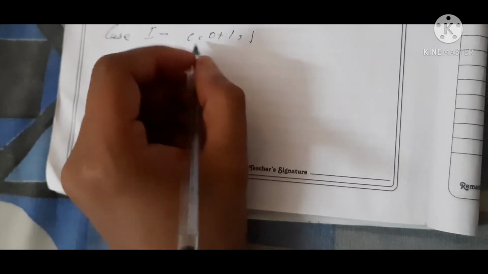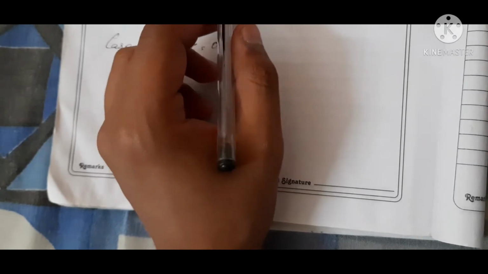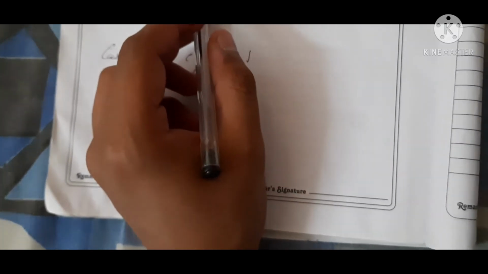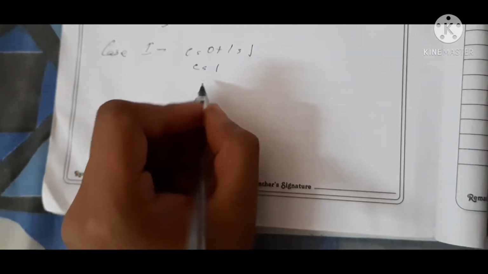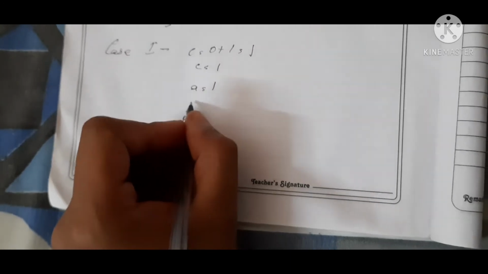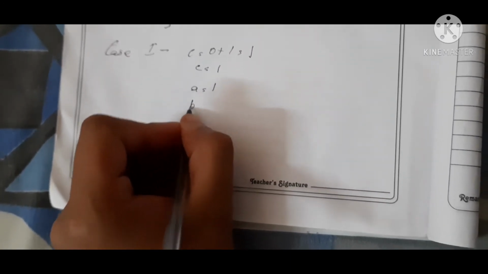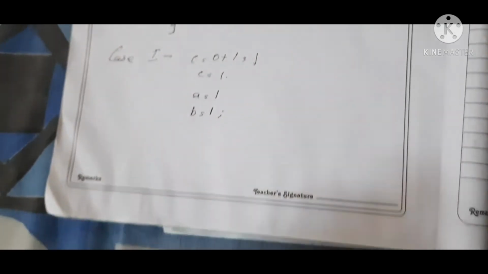After that we print the value of c, which is 1, and a is equal to b, so the value of b is shifted into a. So now a is equal to 1, and b is equal to c, so b is equal to 1. After that there is the increment statement.